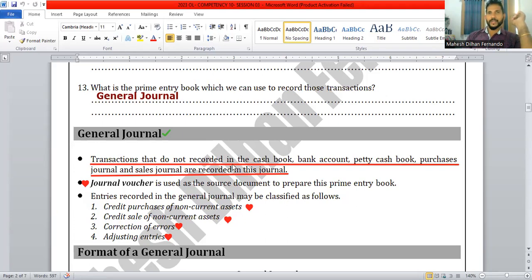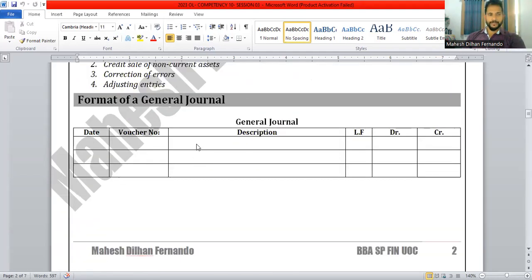Now let me introduce the format of a general journal. The formats of cash book with discount columns, bank account with discount columns, petty cash book, purchases journal, sales journal.